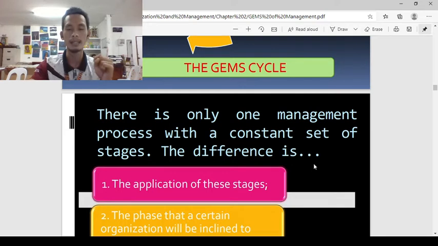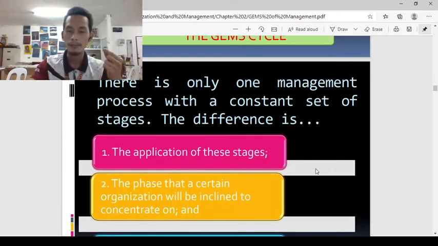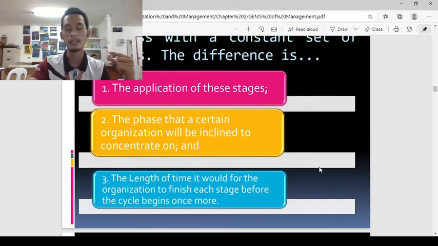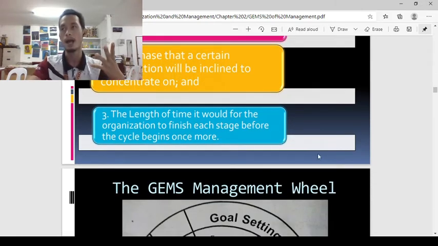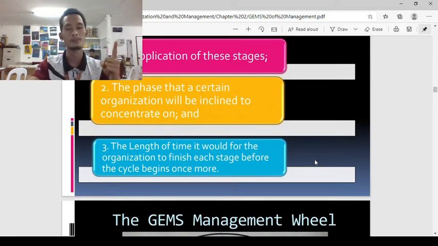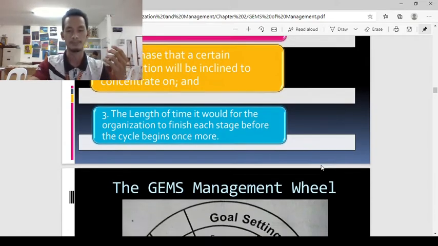The difference is how you apply these stages as manager, the phase that a certain organization will be inclined to concentrate on, and the length of time it would take for the organization to finish each stage before the cycle begins once more. Nakadepende sa imuha as manager, ug nakadepende sa imong workers, and then nakadepende sa imong organization. There is only one process. The difference is how to execute it, how to implement it, how to make it in reality.